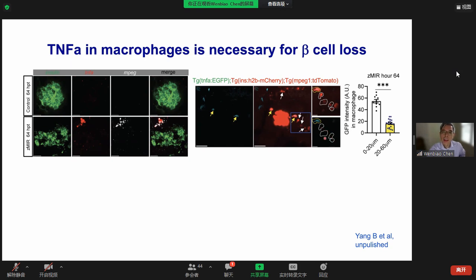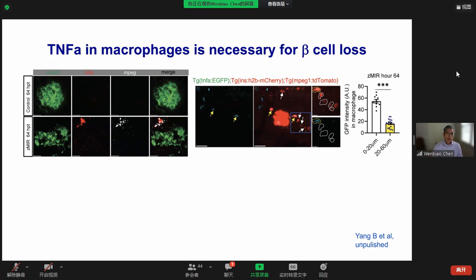This suggests that macrophages close to the islet either have higher TNF-alpha expression, either those macrophages are preferentially attracted to the islet or the islet is inducing TNF-alpha expression. We cannot distinguish these two possibilities at this time.